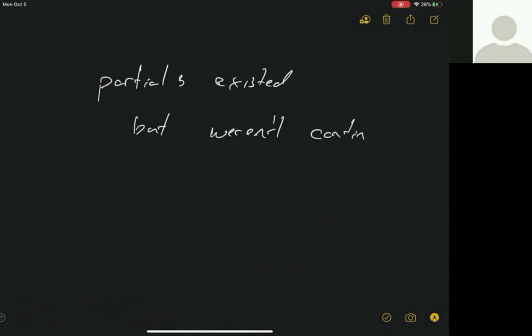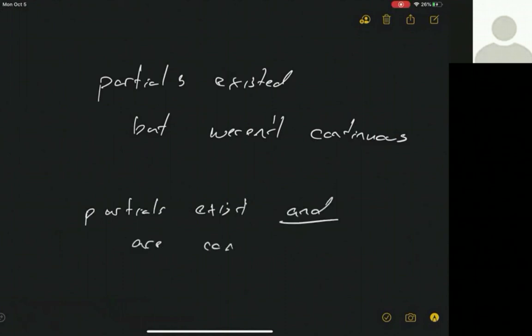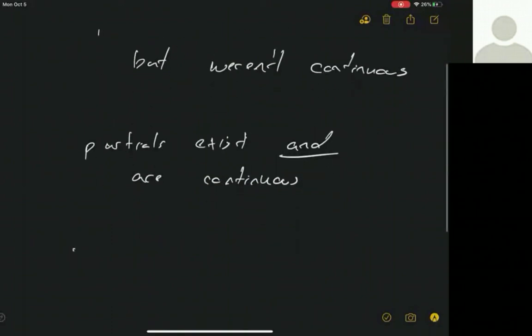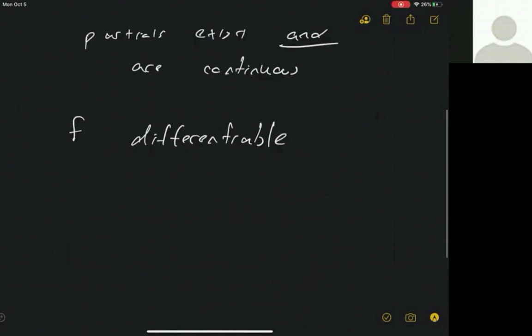So what I'm saying is, if the partials exist and are continuous, then our function f is going to be differentiable, meaning we'll be able to take the derivatives in any direction and make this tangent plane out of them all.